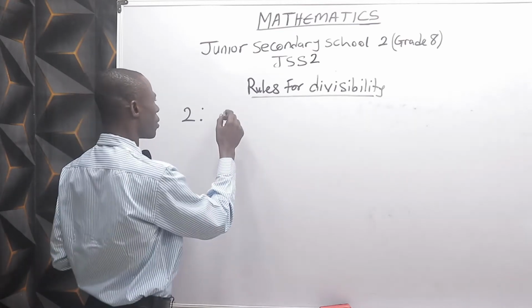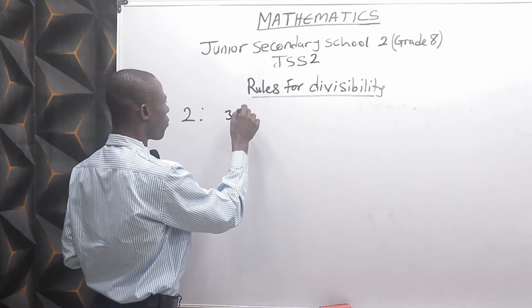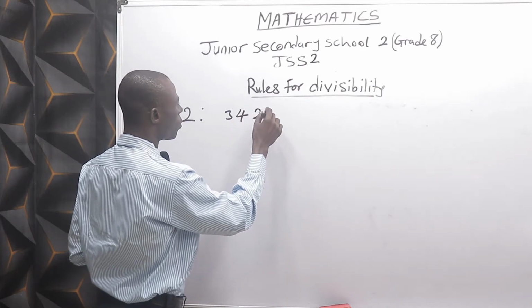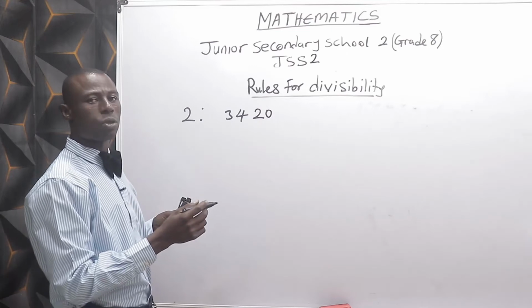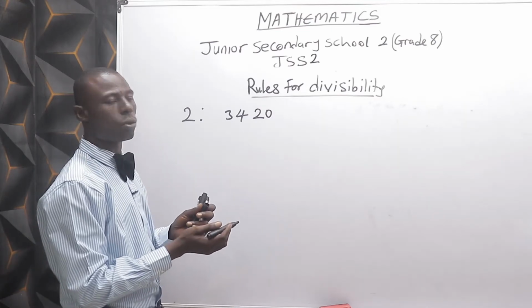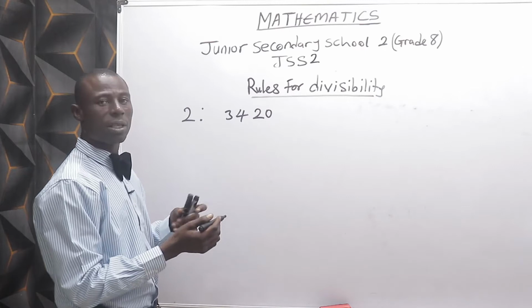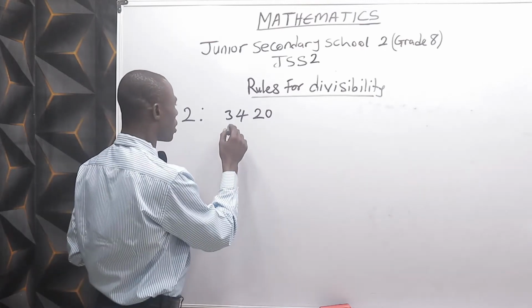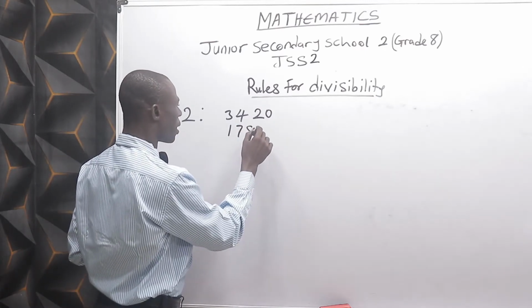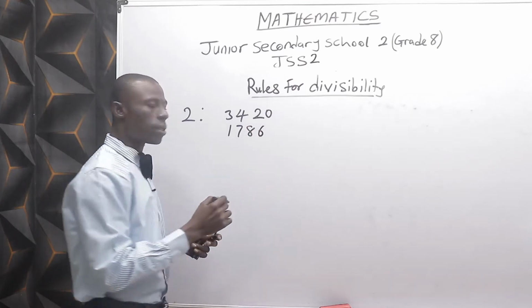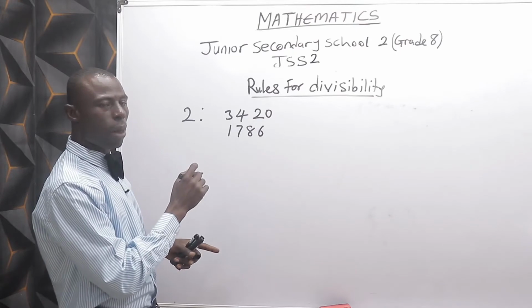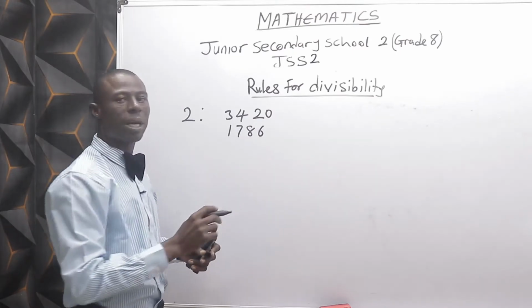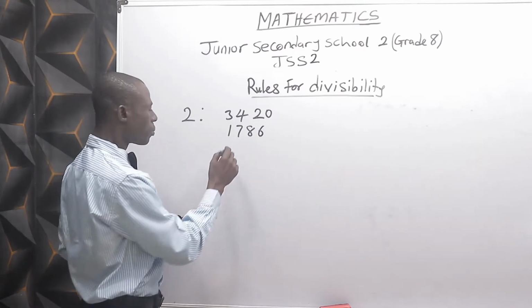Take for instance, 3420. This number will be exactly divisible by 2 because the last digit is 0. Another one is 1786. You can see the last digit of this number is even. Because it is even, the number will be exactly divisible by 2.